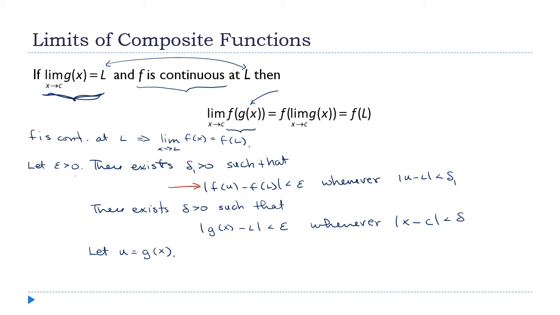And this becomes the absolute value of f of g of x minus f of L is less than epsilon whenever the absolute value of x minus c is less than delta.